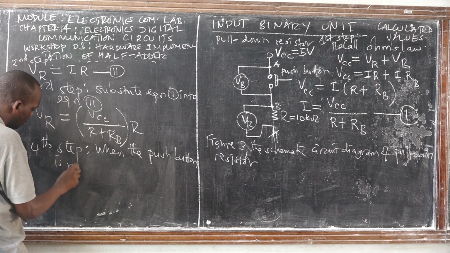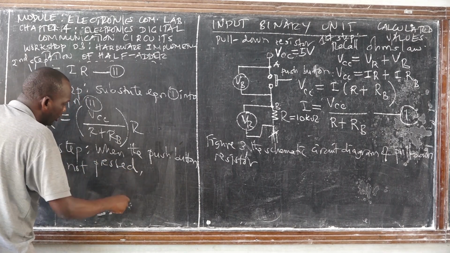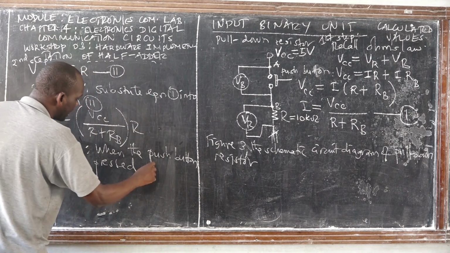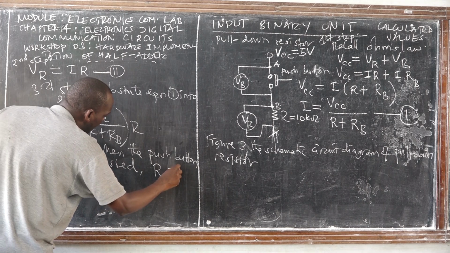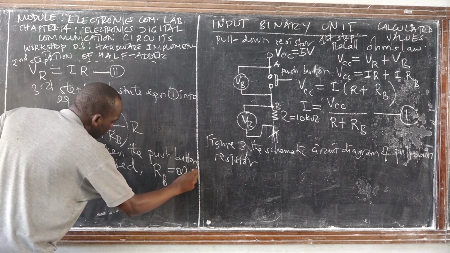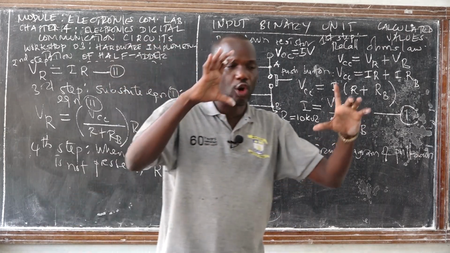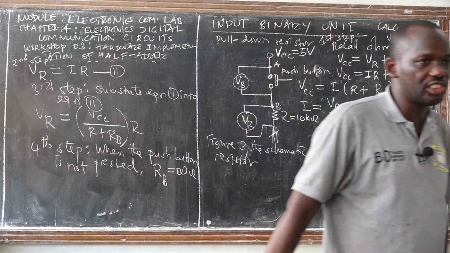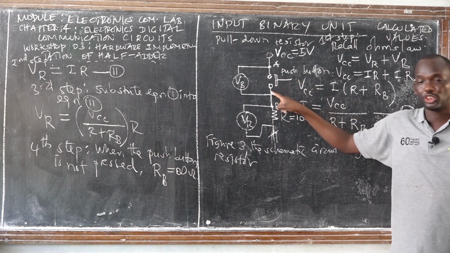When the push button is not pressed, the resistance of the push button is infinity, because it's open circuit. Whenever we have an open point, resistance is infinity. It's large. That's why there's no flow of current from this point to this point.